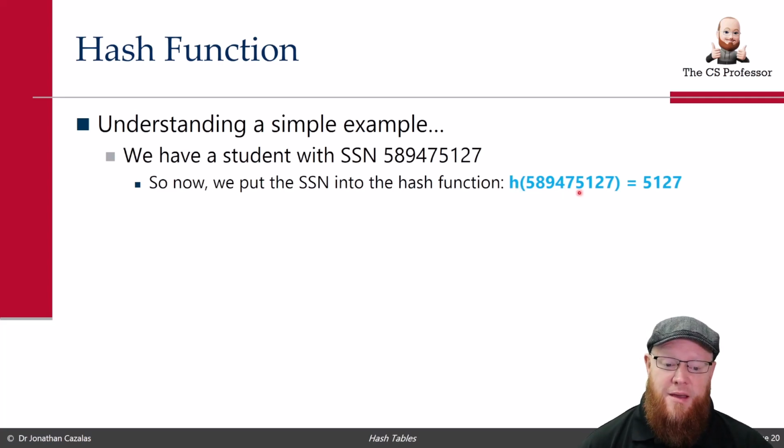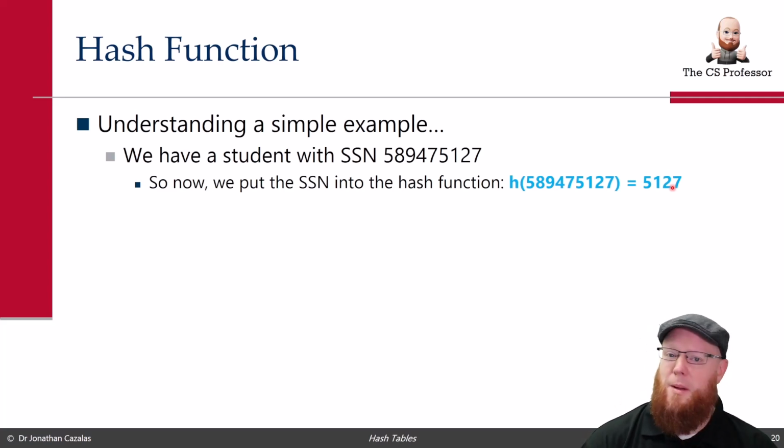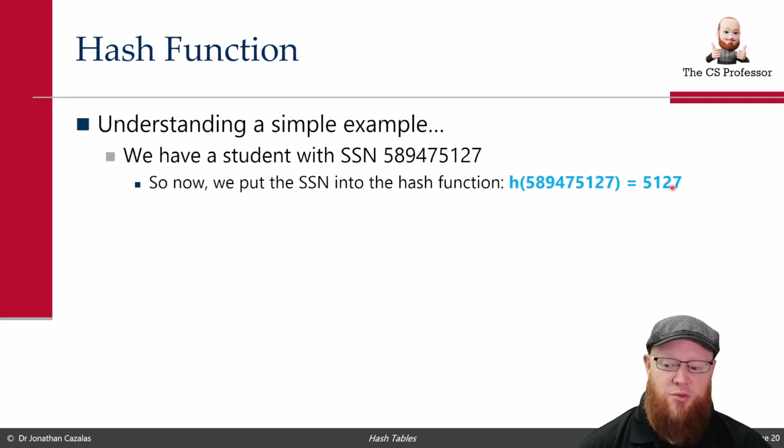If you look here, this particular hash function is only returning the last 4 digits of that key. Mathematically, that means we're simply dividing by 10,000 and getting the remainder. So we're modding this number by 10,000. The remainder is 5127. The hash function is simply, in this example, a one-liner: return the parameter mod 10,000, and it gives you 5127.